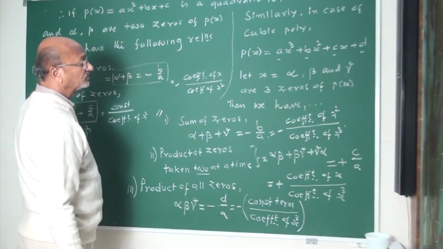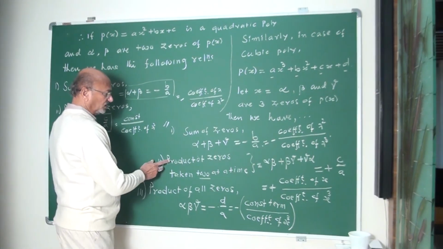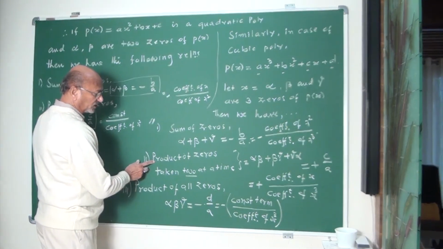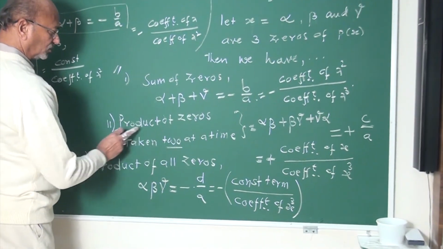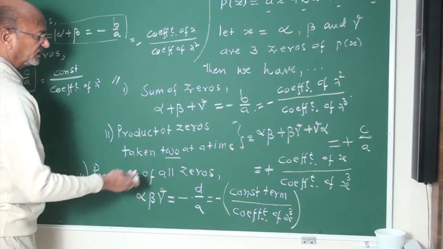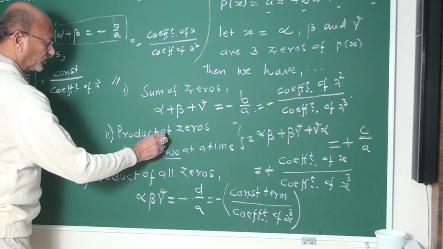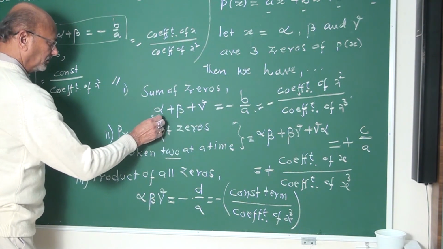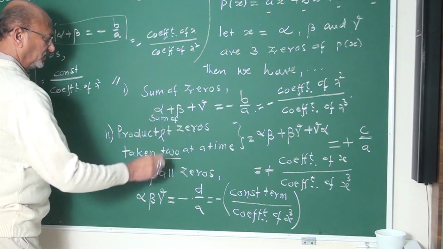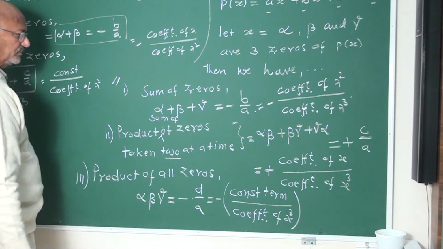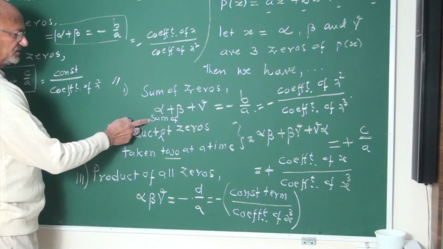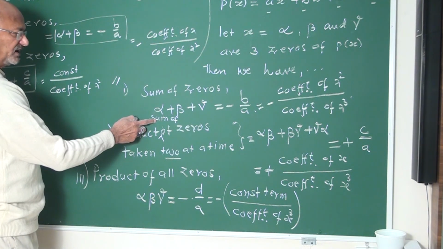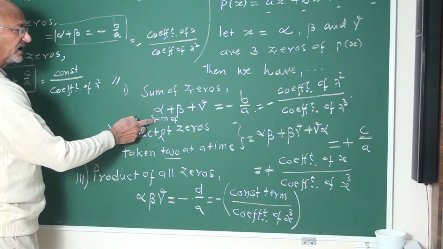The sum of zeros taken two at a time: first and second, plus second and third, plus third and first, is the next coefficient, c by a.